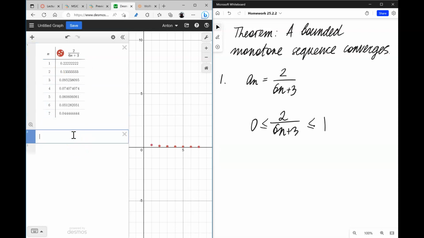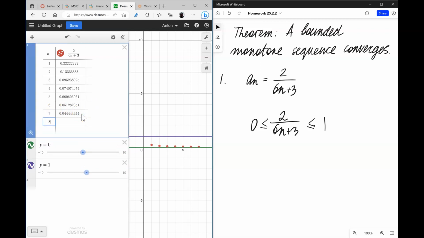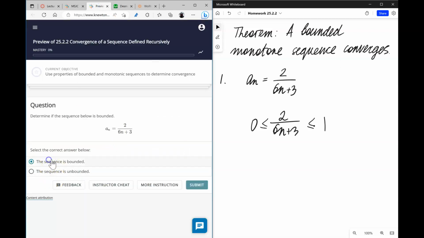Because we can graph the lines y equals 0 and y equals 1, and all the values of this sequence are between those. Is it true that it's bounded by other values? Yes. If it's bounded, it's bounded. It doesn't matter how tight the bound is. Bounded just means such bounds do exist. And in this case, we conclude that it is bounded.